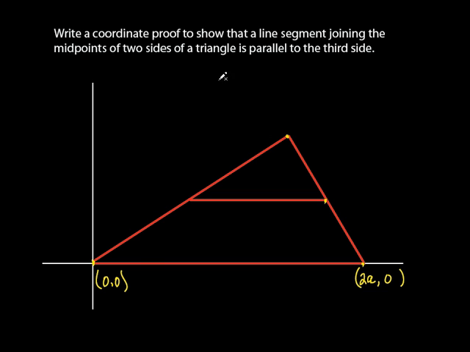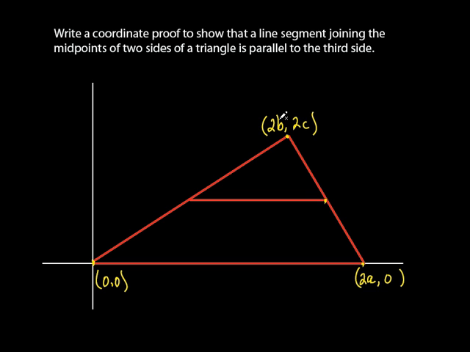Since we are talking about midpoints, I do want to have things where you can divide by 2. So what I'm going to do is call this point 2b. Now, we went over 2b, and then we went up, we'll call it 2c. Now, why do I keep using the 2's? Because I'm going to eventually find the midpoint, and it's a lot easier. I don't have to deal with halves.